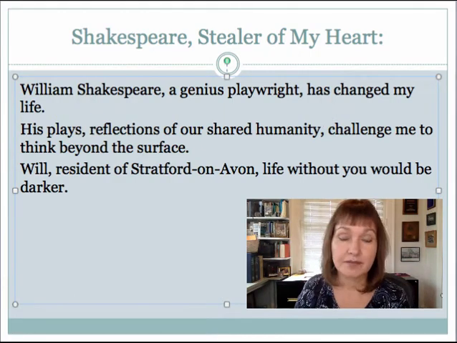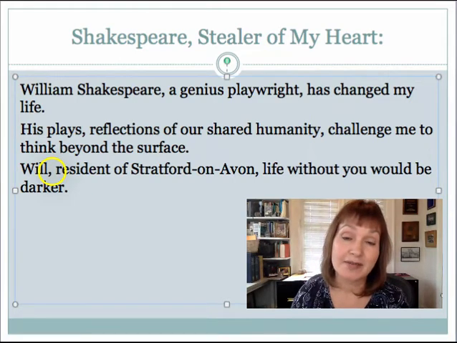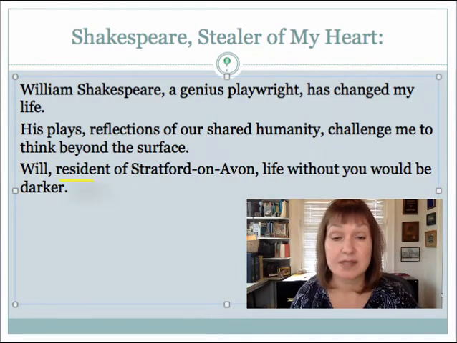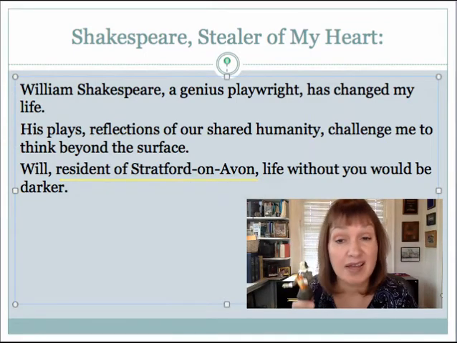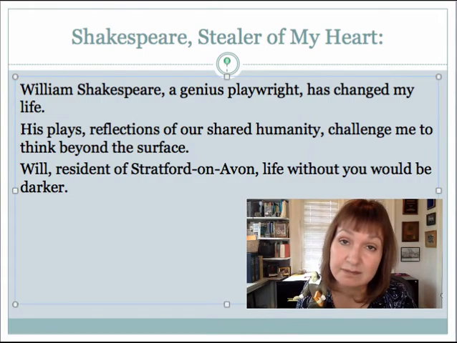The last one, Will, comma, resident of Stratford-on-Avon, comma, life without you would be darker. Resident of Stratford-on-Avon describes Will and is thus an appositive. Life without him would be darker.